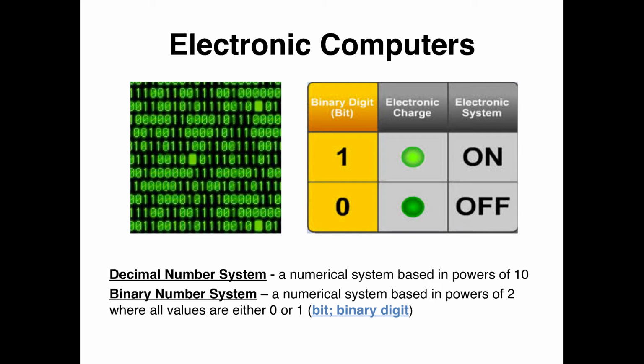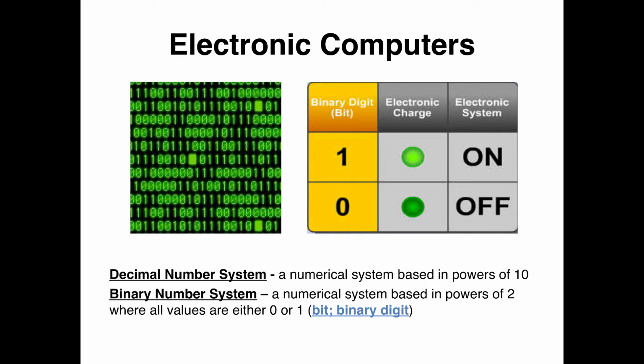So it's 0, 1, 10, 11, 100, 101, 110, etc. You can only have a value of either 0 or 1.